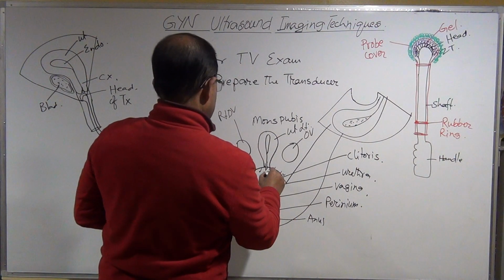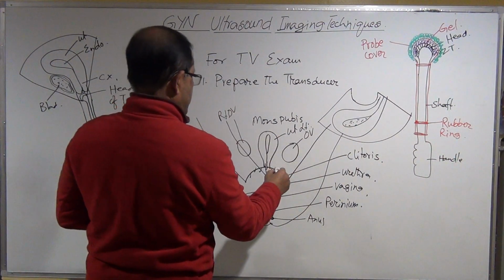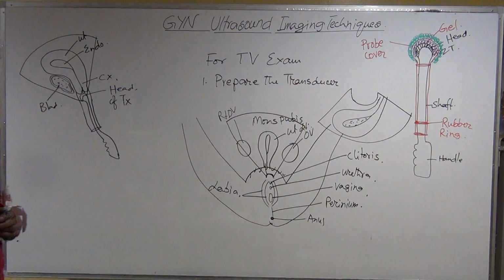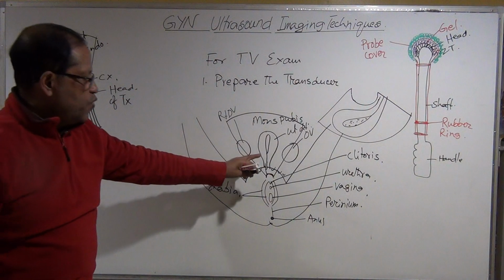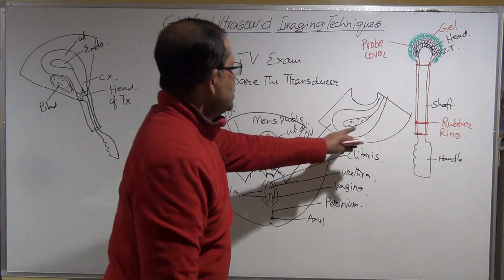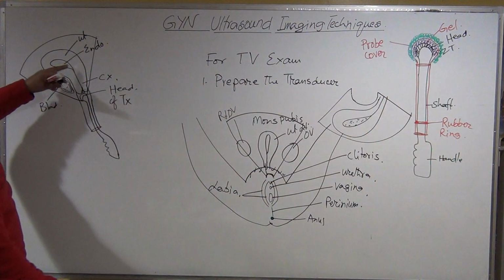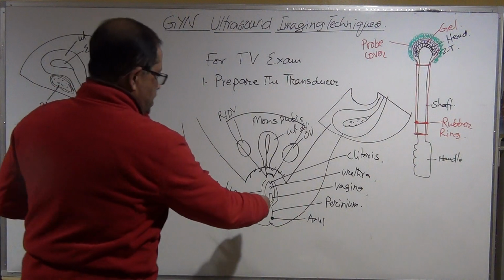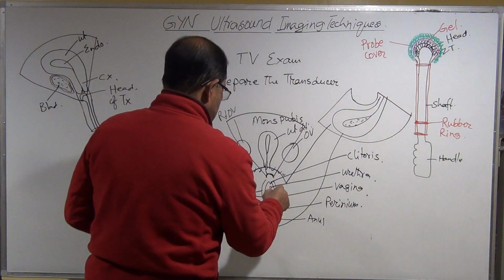The transducer is sending the beam like this. More focus is on the uterus. And so this is the handle.